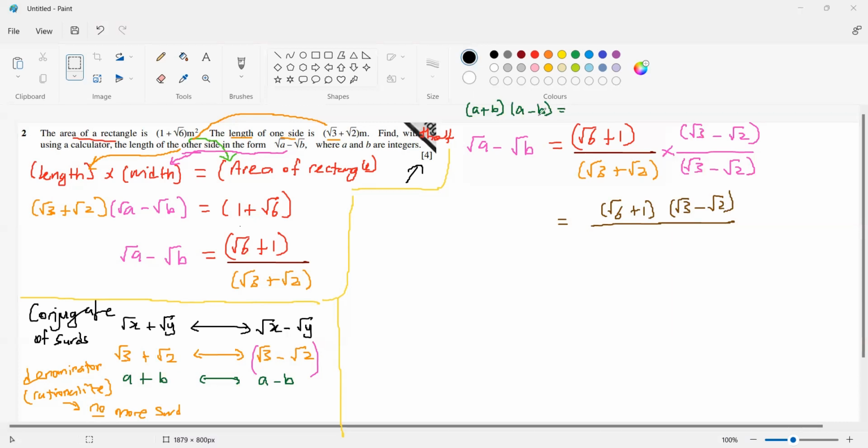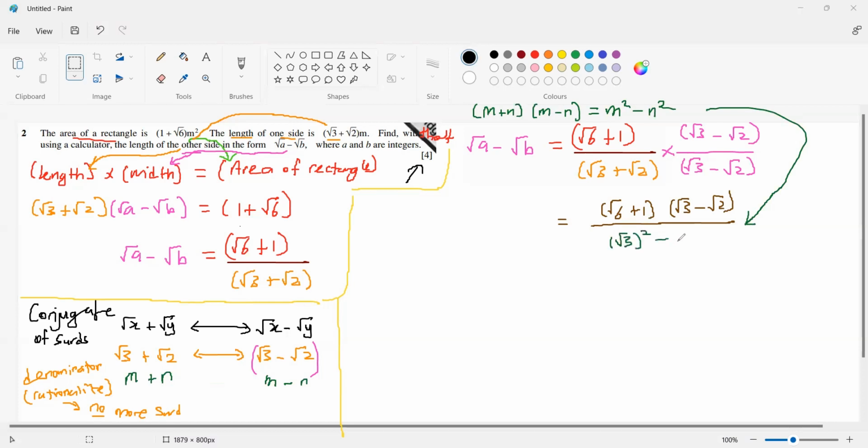Actually, I shouldn't use a, right, because the a is used for something else here. Silly me. Okay, let's replace it with m and n. So m plus n times m minus n is m square minus n square. So this part I'm just doing the denominator here. So let's go ahead, please. So this will be root 3 squared minus root 2 squared.